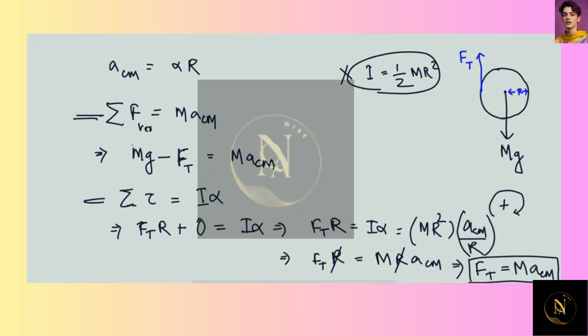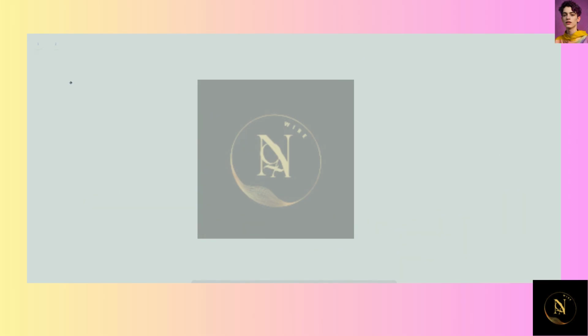Now we have two equations, so we can use this expression of tension in the first equation. So we get mg minus m a_cm, which is the tension force, equal to mass times acceleration of the center of mass.